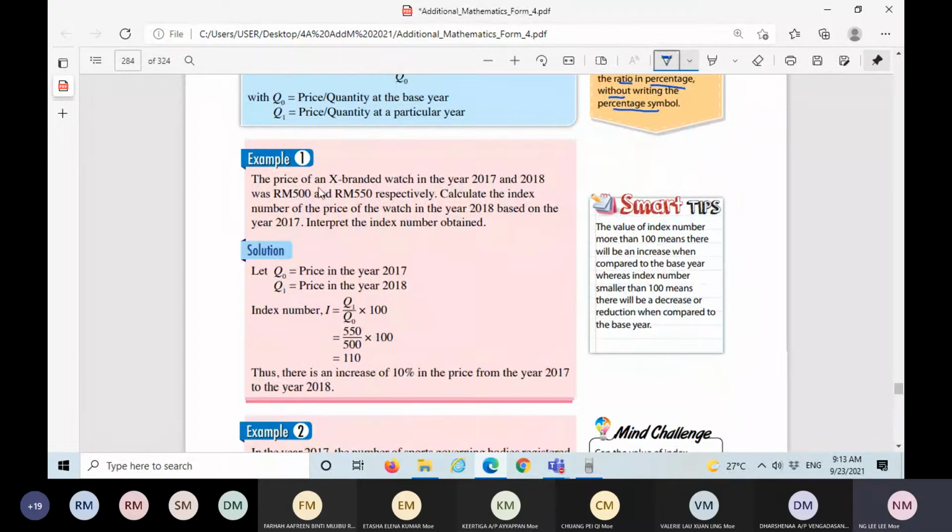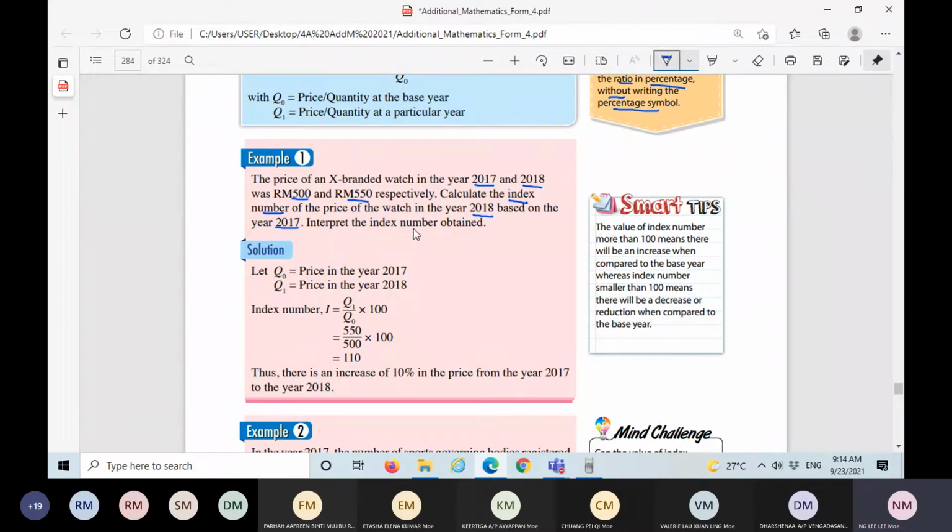Okay, let us see this example. Year 2017, the price is 500 for a watch. And then year 2018, the price is 550. Calculate the index number of the price of the watch in the year 2018 based on the year 2017.